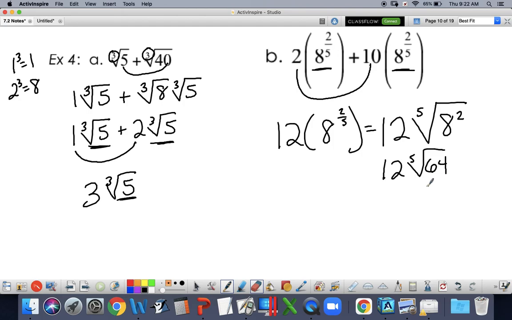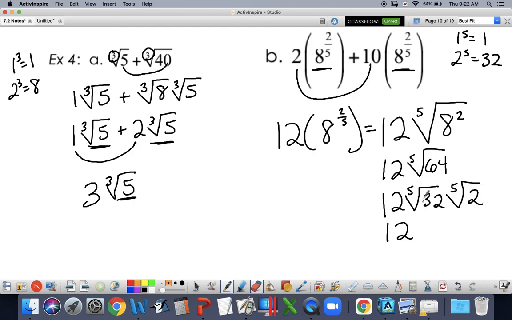So then I think to myself, okay, is there a perfect 5th that divides into 64? 1 to the 5th is 1. 2 to the 5th, ooh, it's 32. 32 does divide into 64. So I would say the 5th root of 32 times the 5th root of 2. The 5th root of 32 is just 2. And so I get 2 times the 5th root of 2.